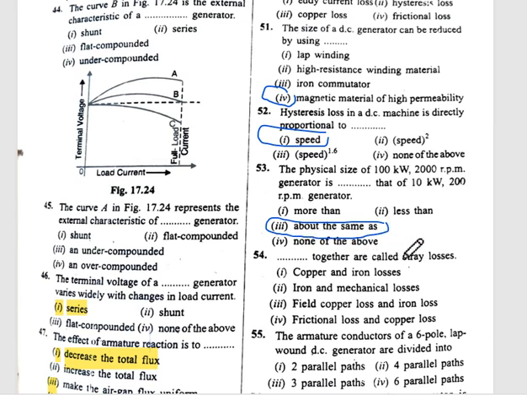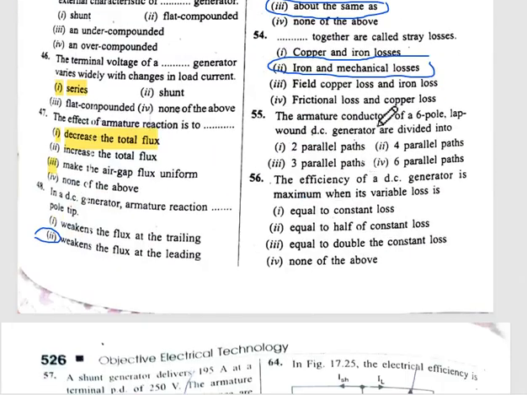Iron losses and mechanical losses together are called stray losses. The armature conductors of a 6-pole lap wound DC generator are divided into 6 parallel paths.